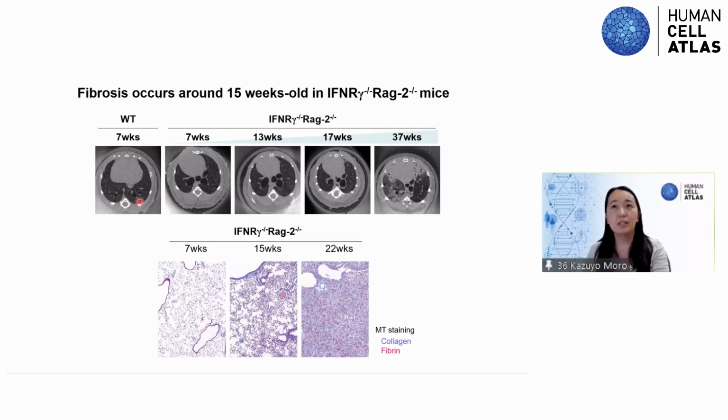This is CT scan data of double knockout mice, and until 13 or 14 weeks old, we cannot see any fibrosis, but after 15 to 16 weeks old, 100% of mice start developing fibrosis, and it becomes very severe when they reach 37 weeks old.